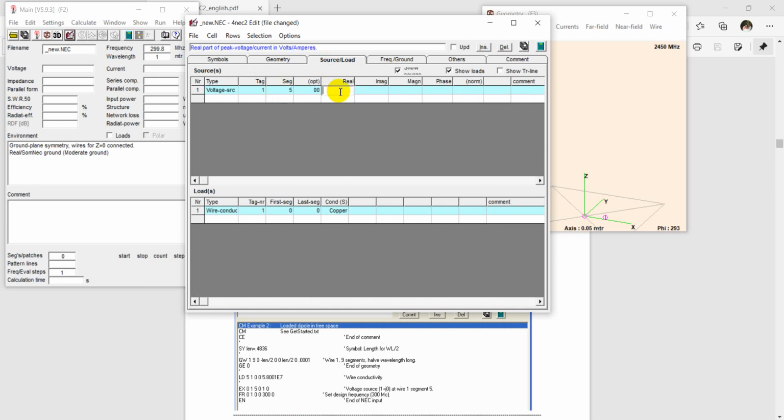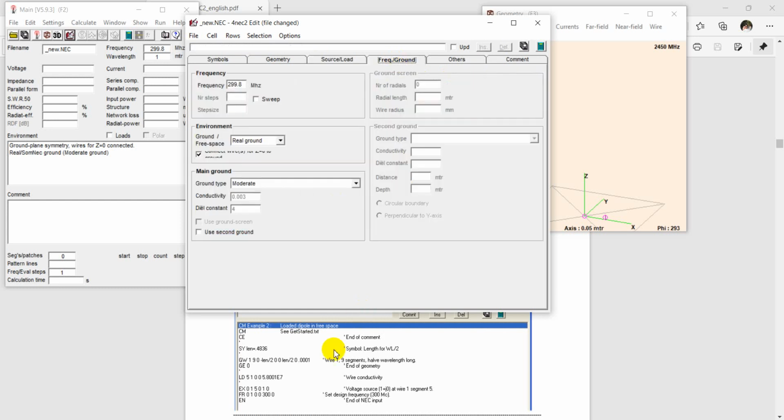Then the option is 0, and the real part is 1. After taking the real part, the magnitude and the phase will be filled in on their own, so you don't have to change them. Then the imaginary part is 0. Now we are in the frequency section.